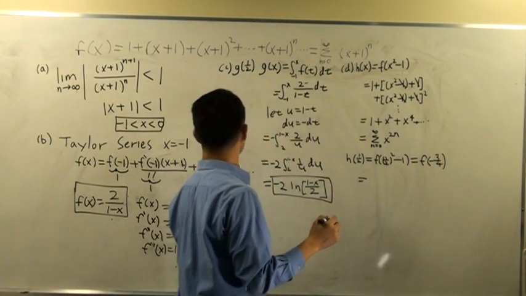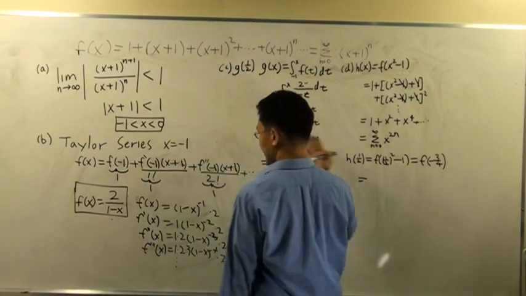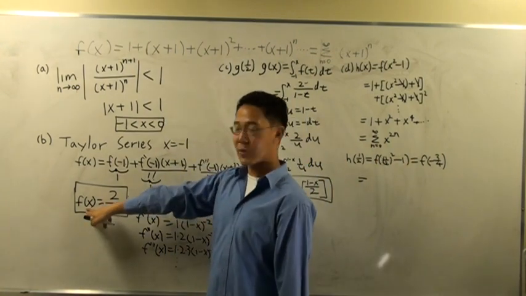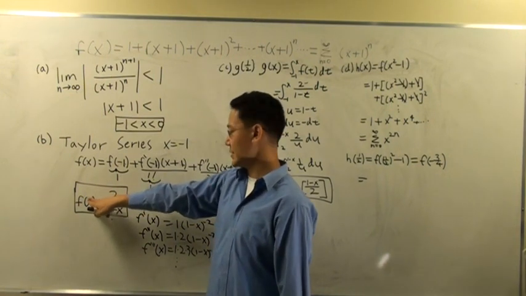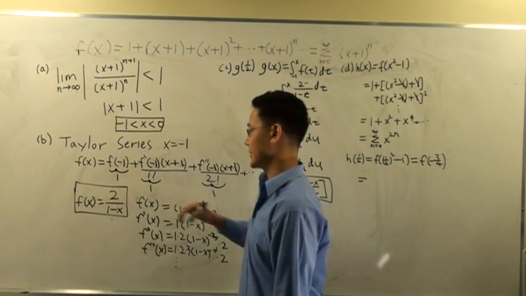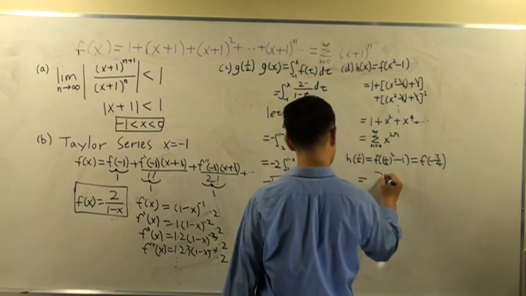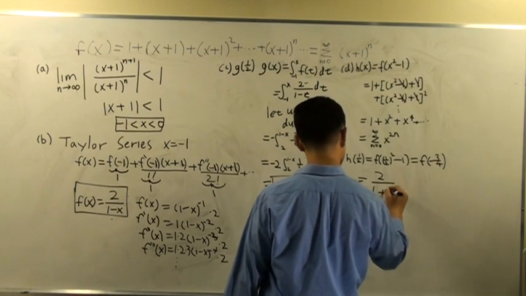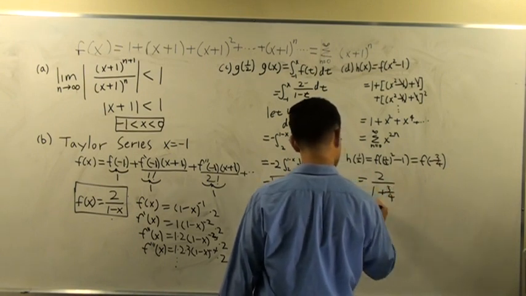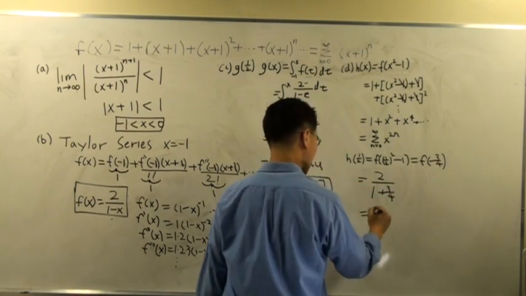So since 3/4 gets plugged into this expression, we have to evaluate this expression. So that's 2 over 1 plus 3/4, which is 8 over 7.